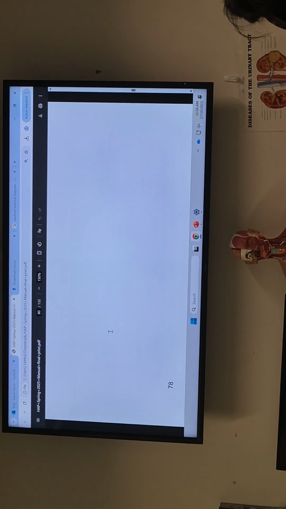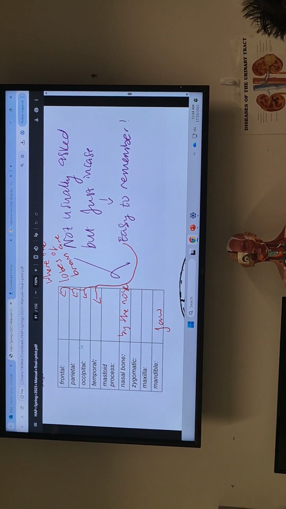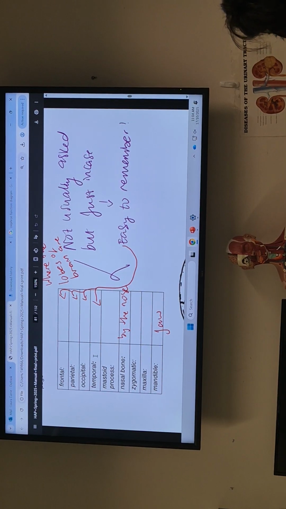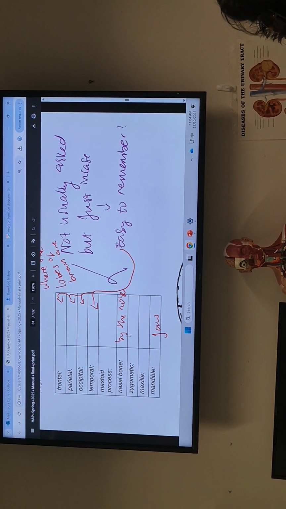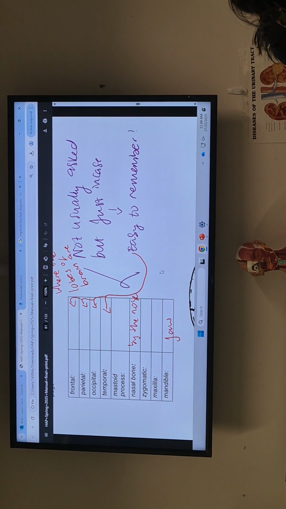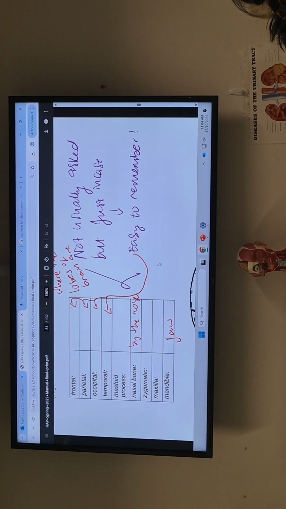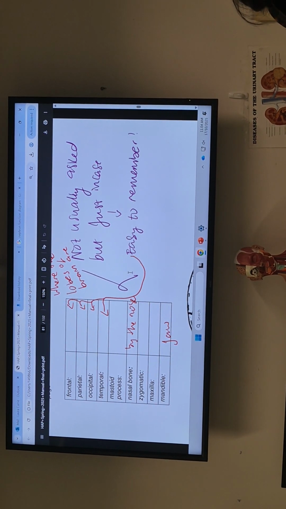It's pretty straightforward: the frontal, parietal, occipital, and temporal are located where you find those brain lobes. The nasal bone is right by your nose, and the mandible is right by your jaw. A lot of them you can just take a good guess if you see a diagram of it in the exam.